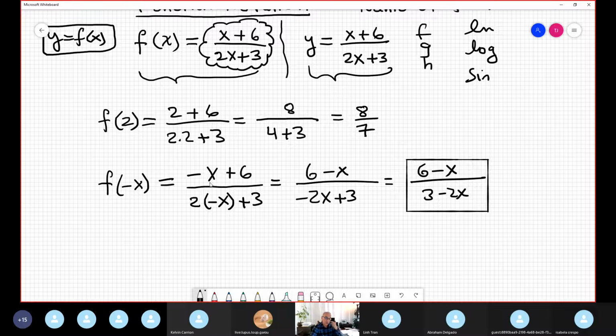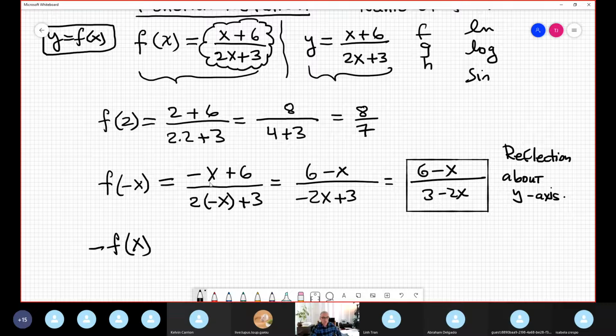In this case, the reflection is about the y-axis, but I will explain in detail next time. But we have another kind of reflection: reflection about the x-axis. The difference is you put a negative in the front.